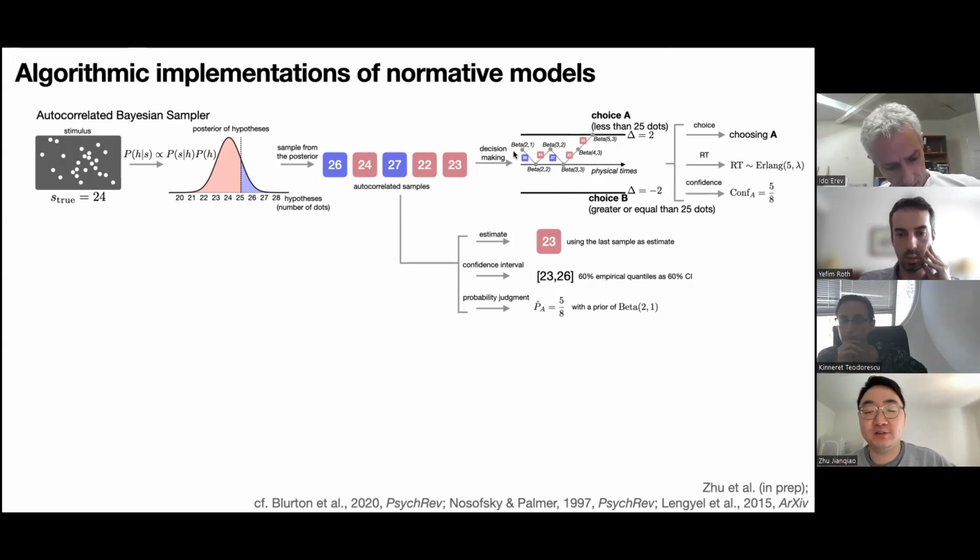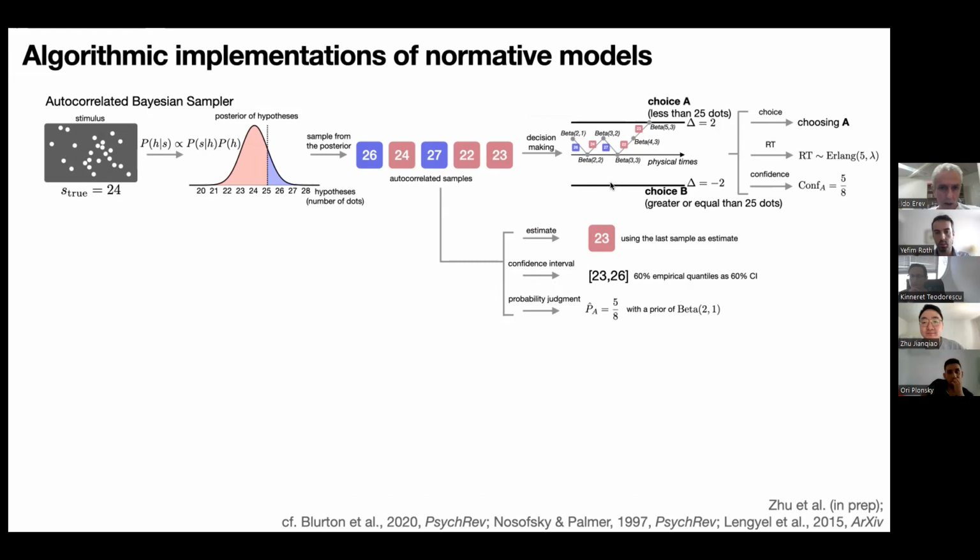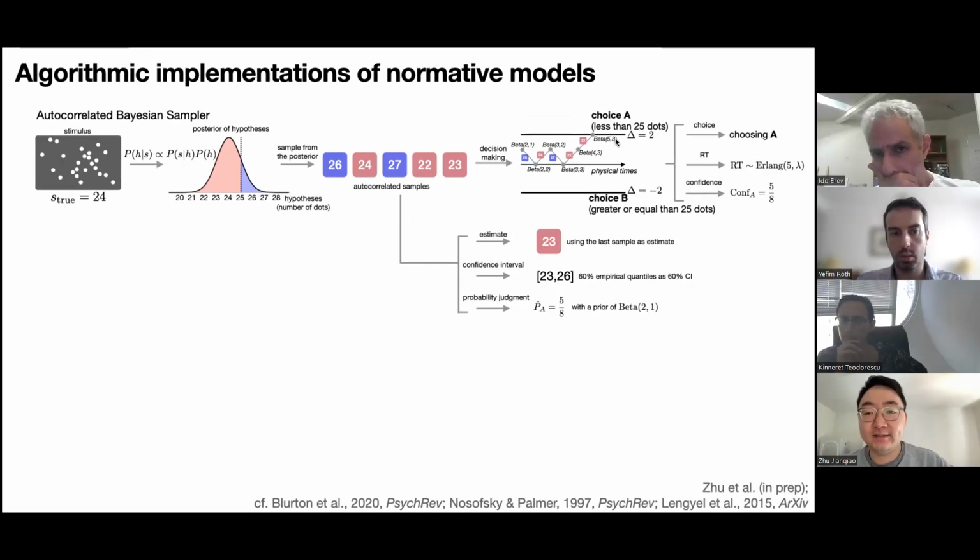So here, assume a biased prior. So this is a beta 2-1 prior. And then we are assuming some optional stopping rule here, which is essentially a max-minus-next heuristic stopping rule. We can also do some optimal stopping, but they are qualitatively similar.